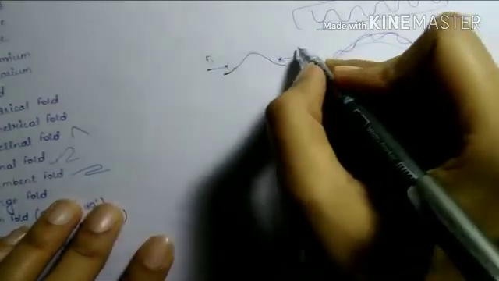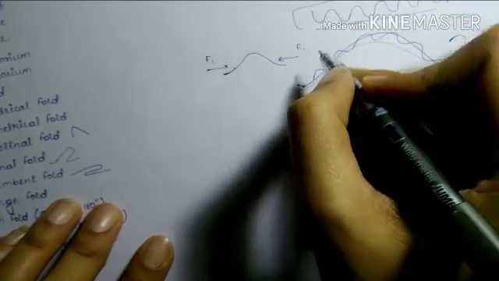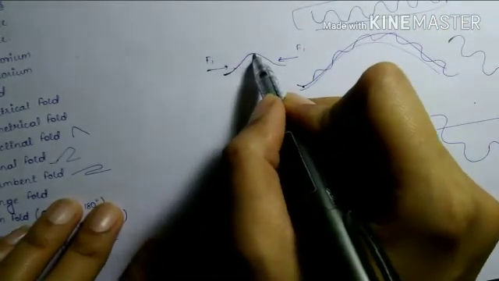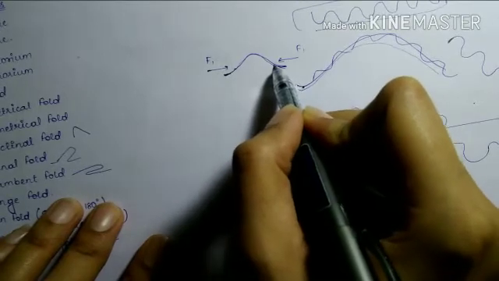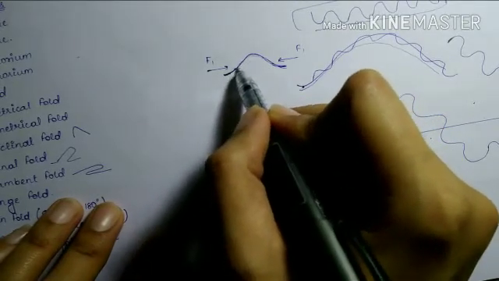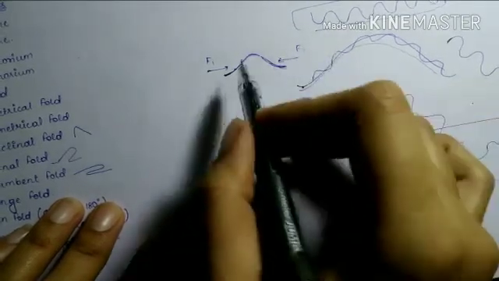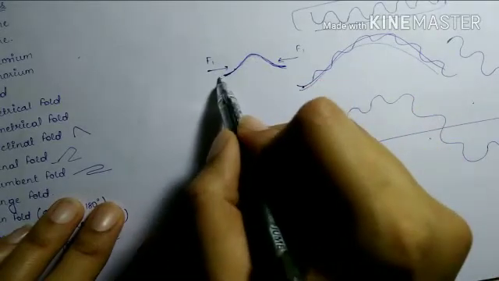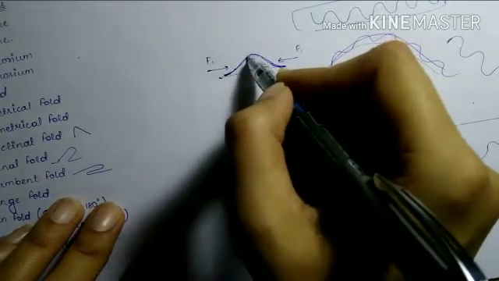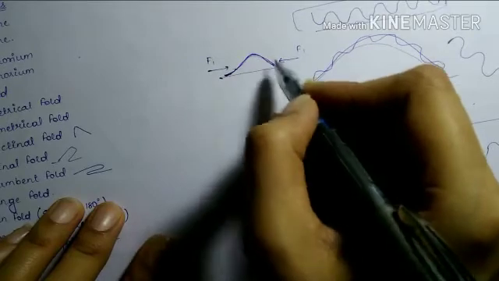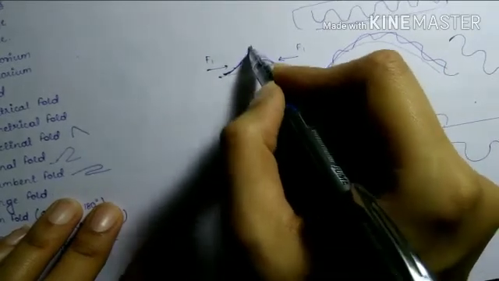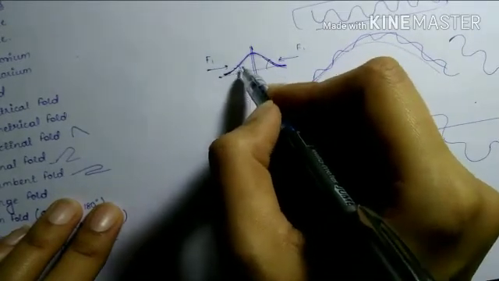That is, if it is F1, this is also F1. And the rock structure is even. That is, the rock has the same type of density and strength. So the fold will be even. Okay, if we cut it, then the angles will be equal.